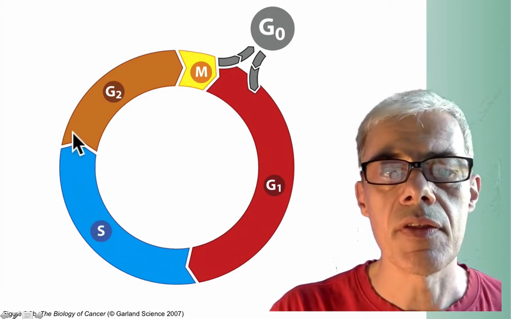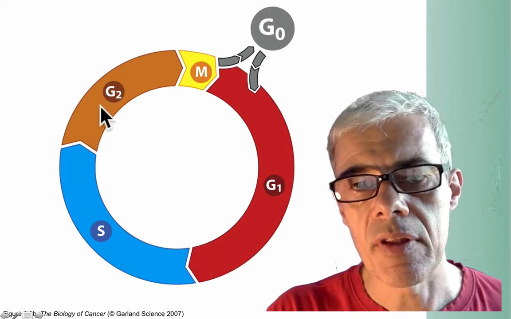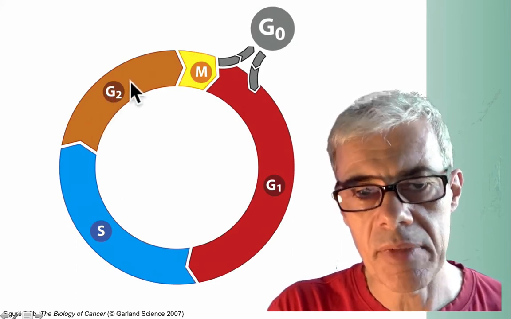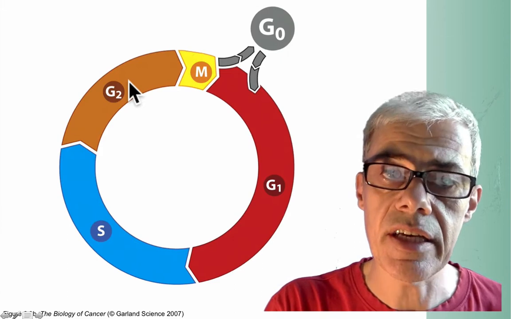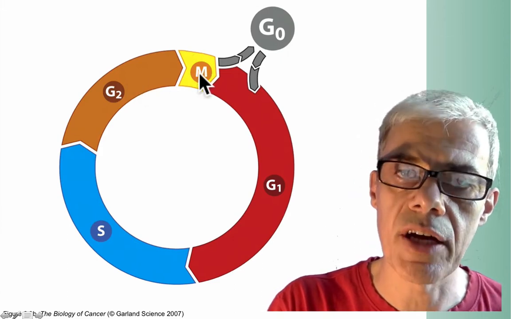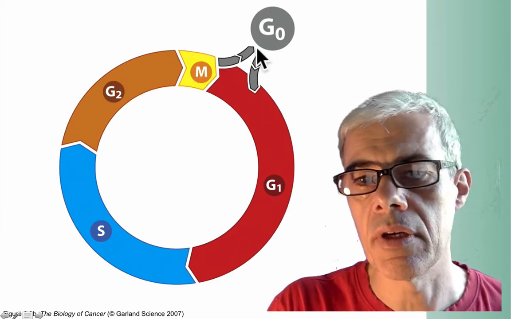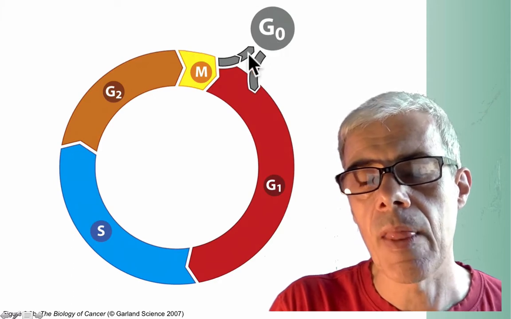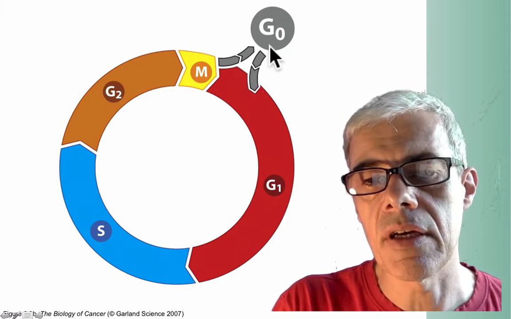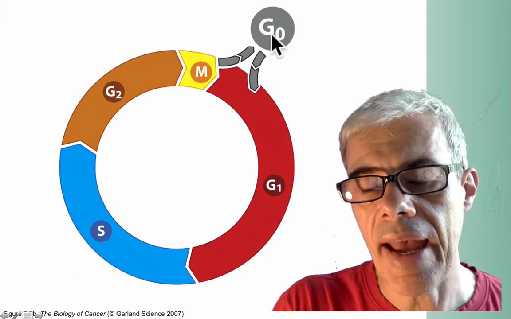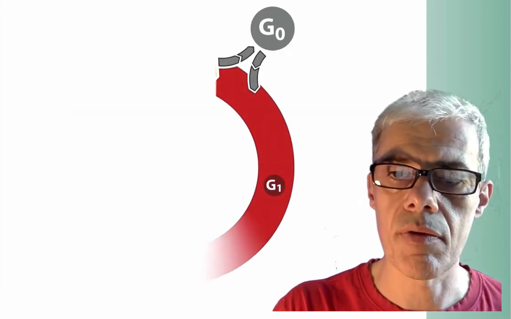Following this, there's another gap phase where the cell's growing and metabolizing, creating things it needs, so that it can then enter into mitosis phase to give a daughter cell. And then the cell may either exit the cell cycle or continue in another round of growth.